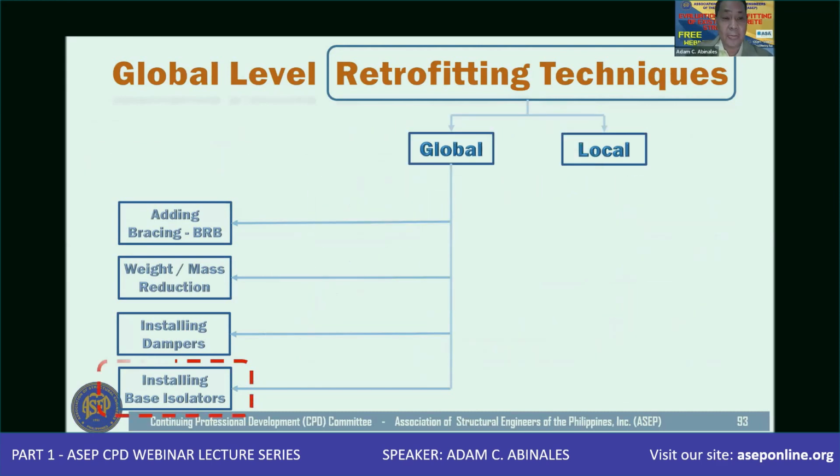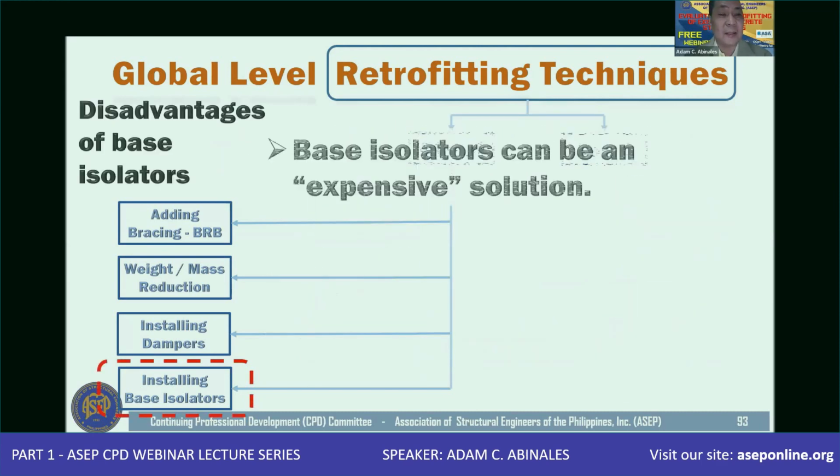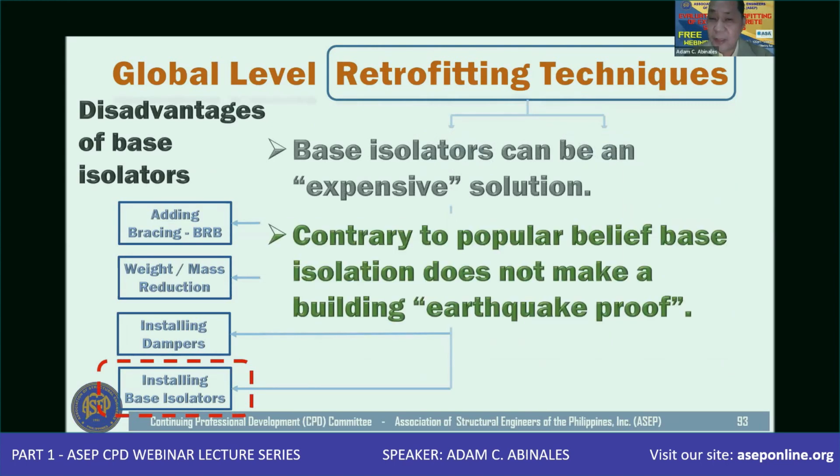If there are advantages, then there are disadvantages. Base isolators can be an expensive solution. Contrary to popular belief, base isolation does not make a building earthquake-proof.